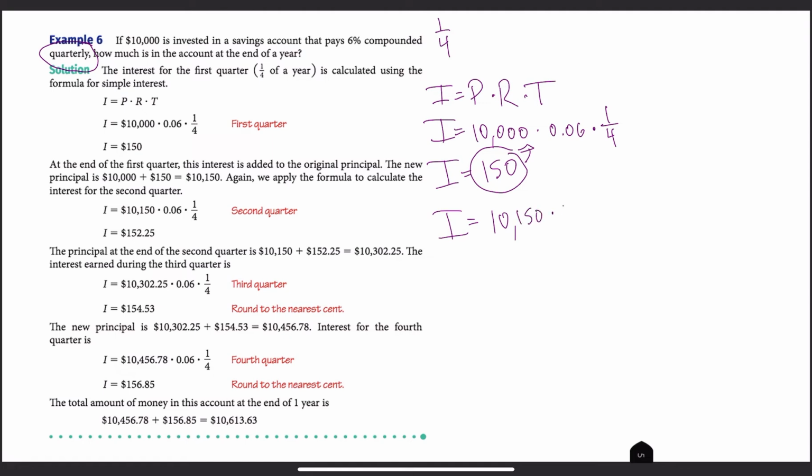So it'll be $10,150 times 6% as a decimal times 1/4. So that's $152.25. And we would expect that it would be a little bit more. So we'll take that, we'll add it to what we started with.